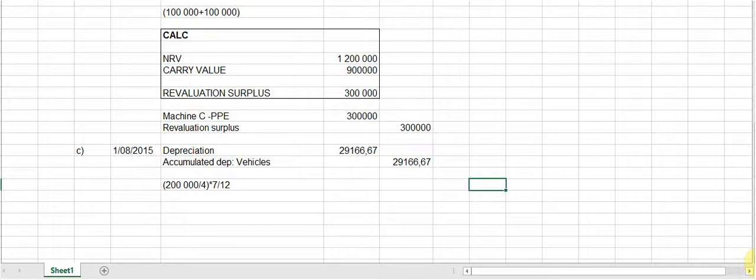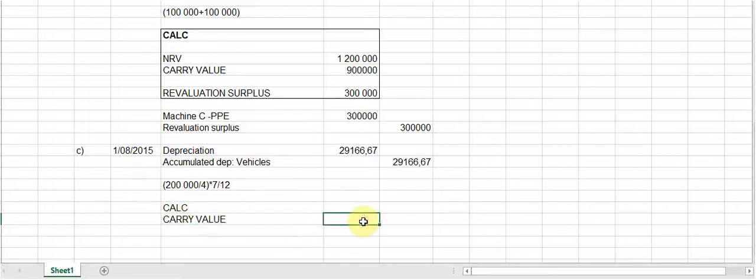The second step is that we have to compare the carry value of the asset to that of the higher of fair value less cost to sell and value in use. So let's first look at the carry value of this vehicle 01.